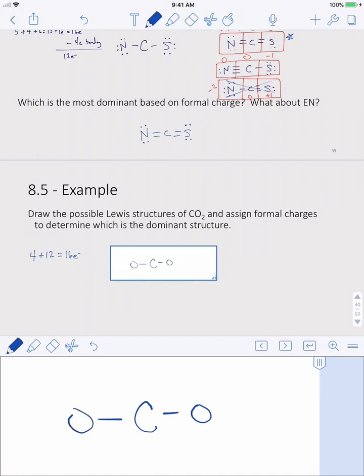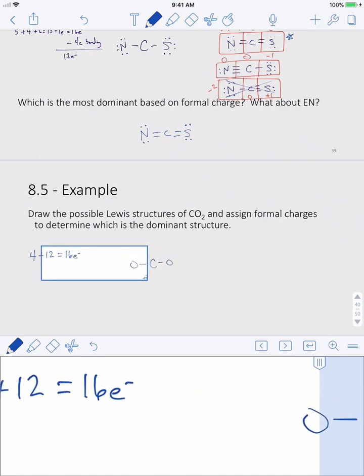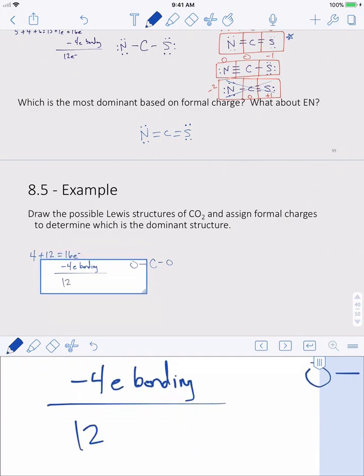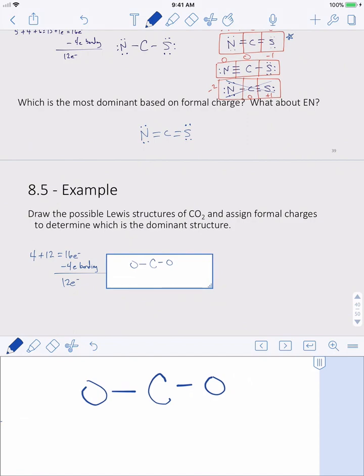Now we want to subtract out our bonding, so we have 2 bonds, so 4 electrons for bonding. So 16 minus 4 means there are 12 electrons left. We're going to distribute it to the outermost electronegative atoms first. So 1, 2, 3, 4, 5, 6, 7, 8, 9, 10, 11, 12. Well, that's all of them.